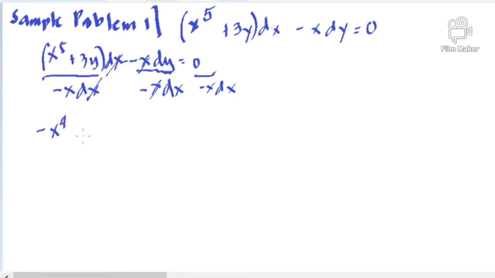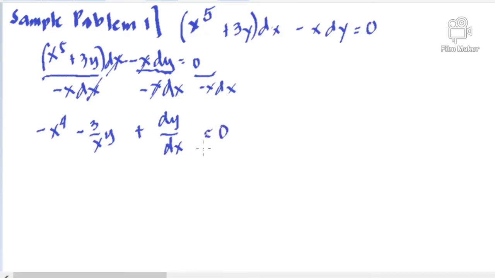And then after that is we have negative 3 over x y, okay, plus dy over dx, and that is equal to 0.